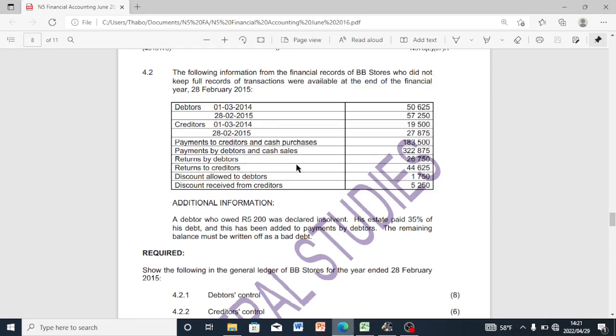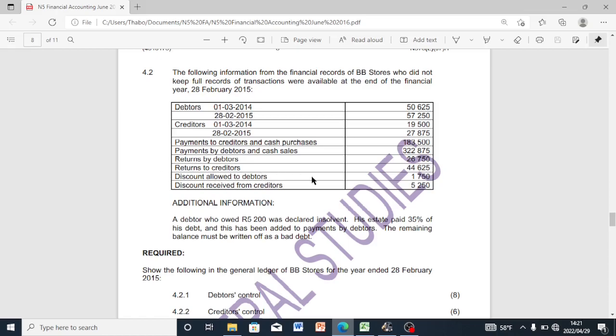Returns to creditors, this is for creditors control. And then discount allowed to debtors, it's 1,750. Again, this is recorded on the credit side of the debtors control account.